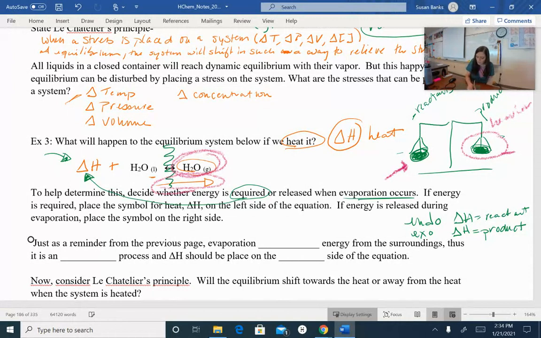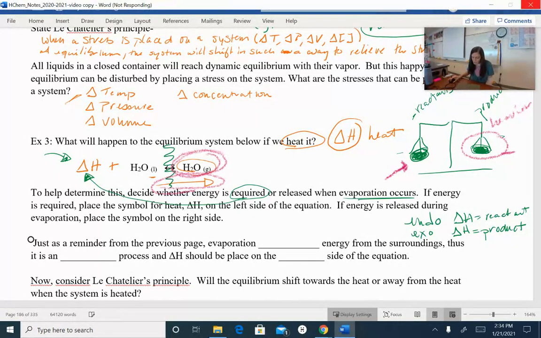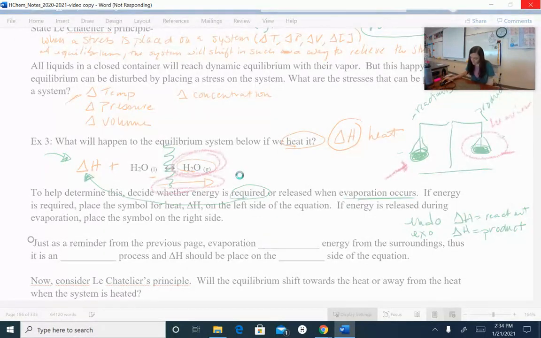That's why we put it on the left side, because it is an endothermic reaction. Okay? Just a reminder from the previous page, evaporation is required. Okay, so it is required. So it is an endothermic reaction.